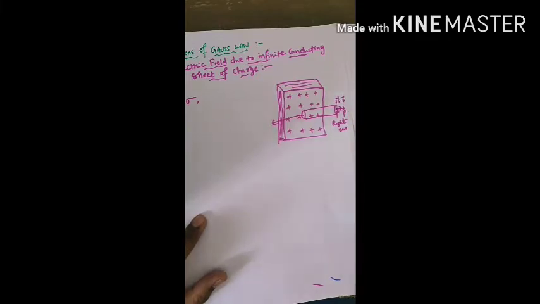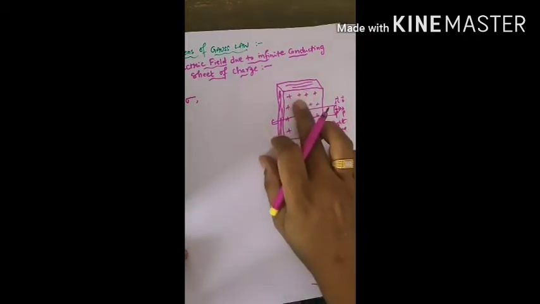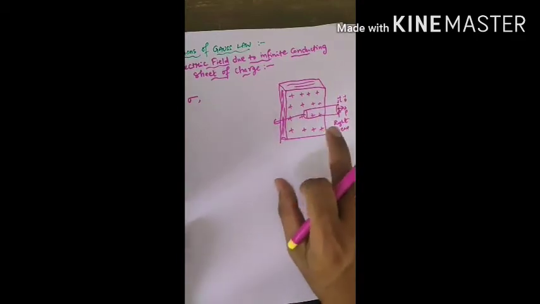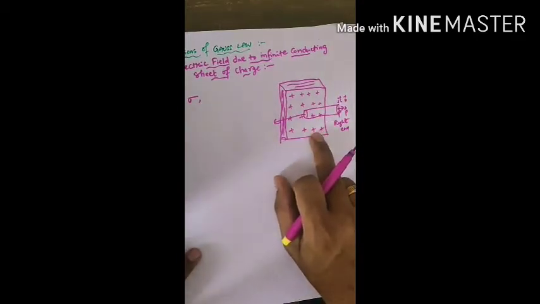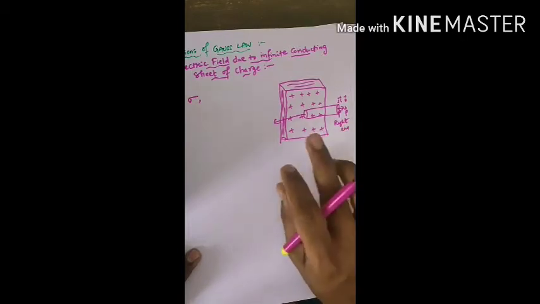So what will happen? The direction of electric field near the surface is perpendicular to the surface, as a conductor is an equipotential surface. It is obvious from the figure that the electric flux through the cylindrical Gaussian surface results from the two ends and the curved surface of the cylinder.